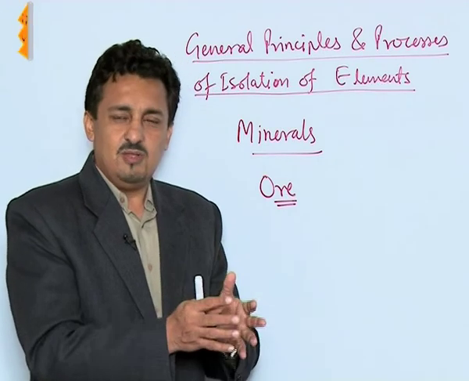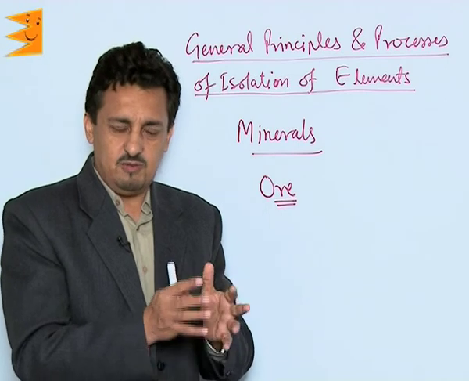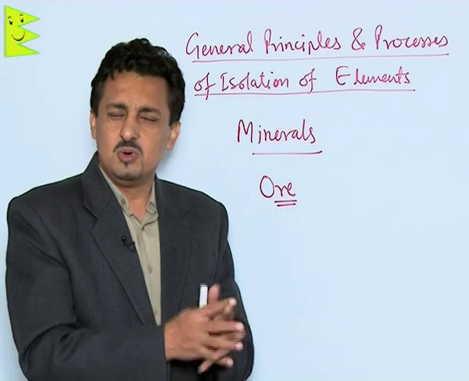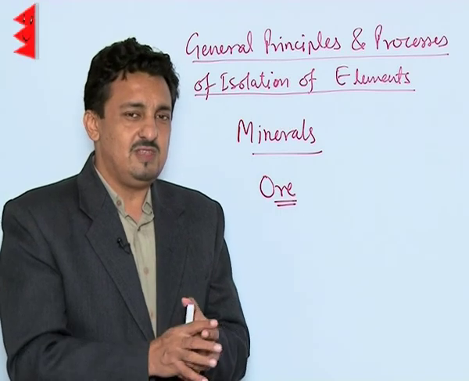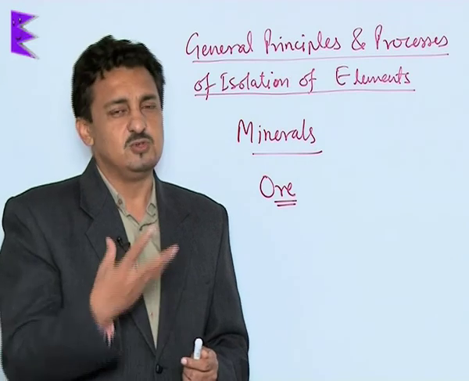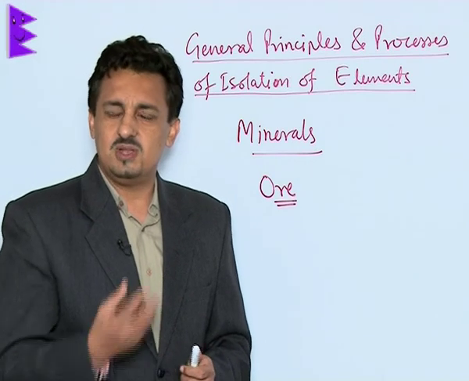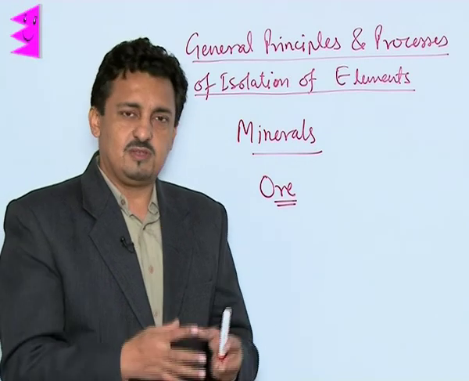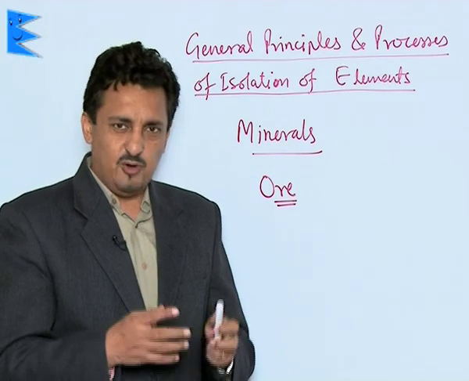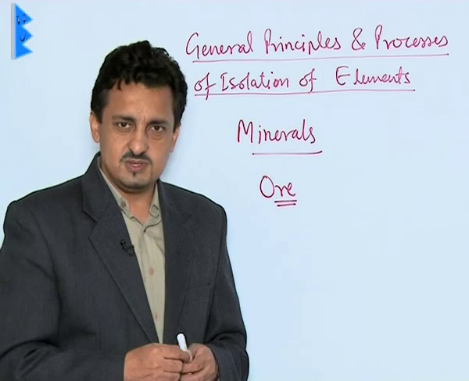We know the basic idea of what is done to extract a metal from its ore, or an element from its ore. But what we need to realize are the basic principles lying behind this, and the techniques used to separate or isolate them. So in this chapter, we'll be studying those basic techniques and principles. But before this, let me introduce you to one more term.